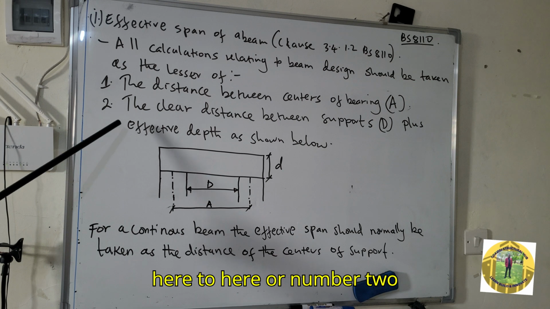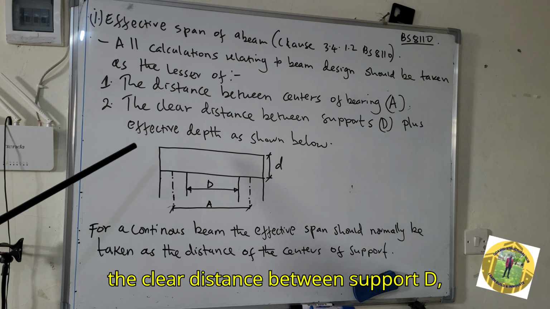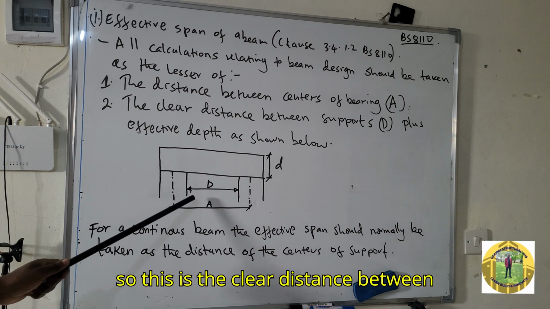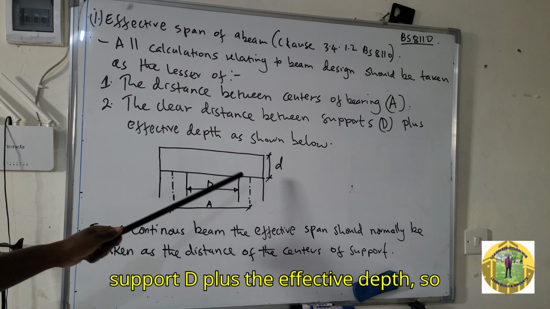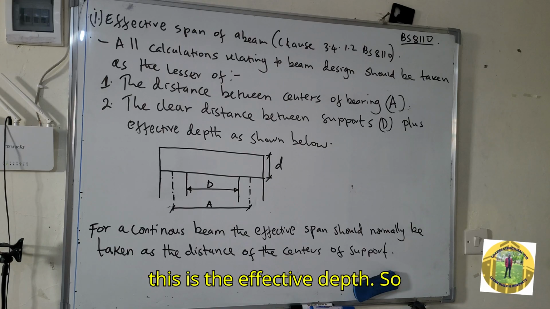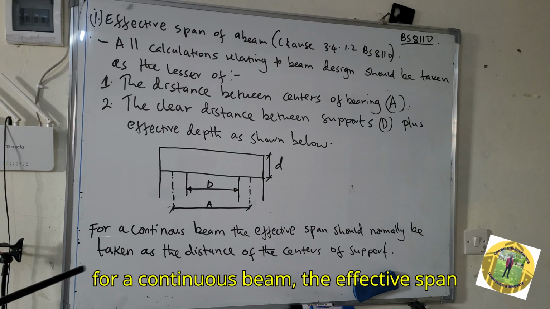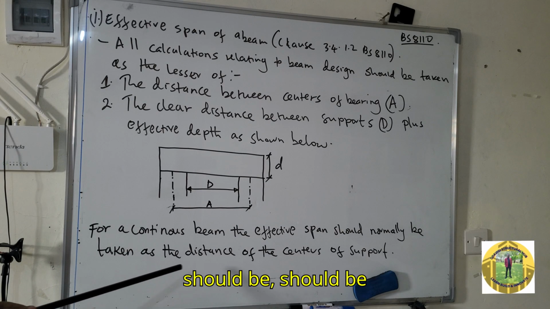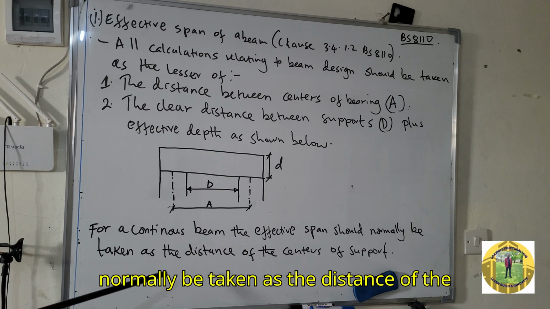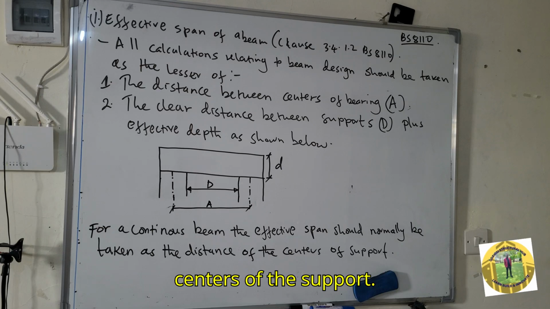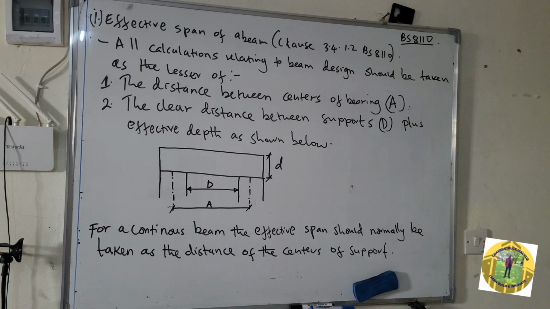Or number 2, the clear distance between supports D plus the effective depth. So this is the effective depth. For a continuous beam, the effective span should normally be taken as the distance between the centers of the supports.